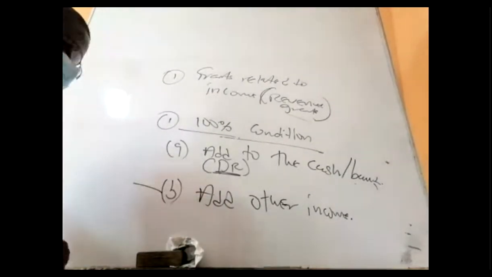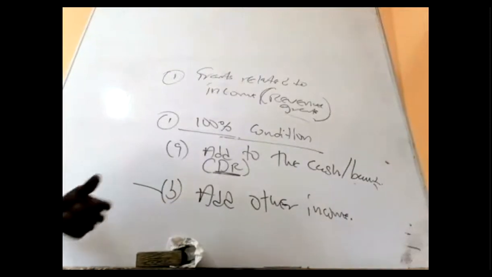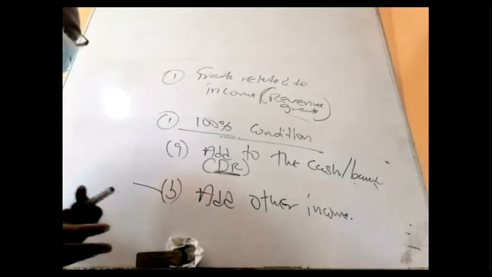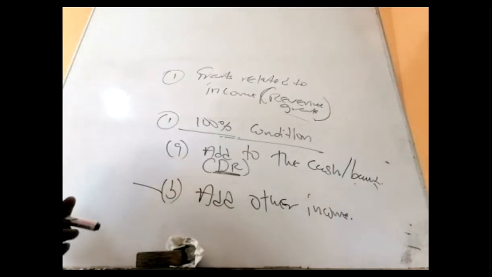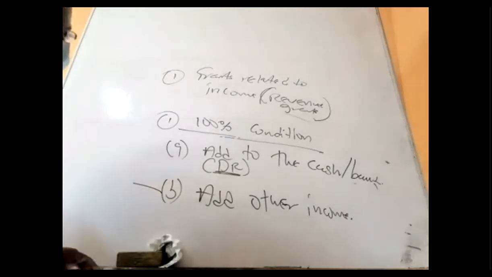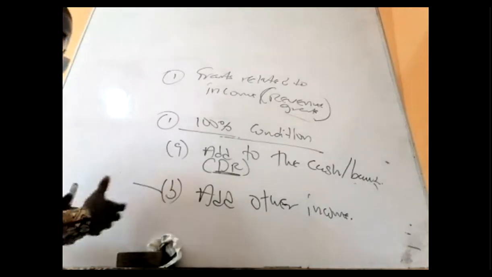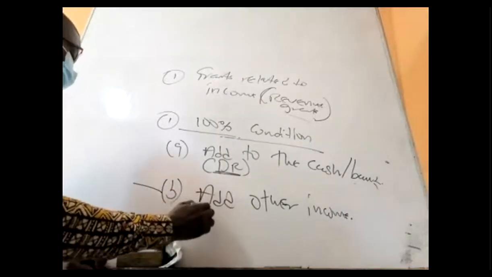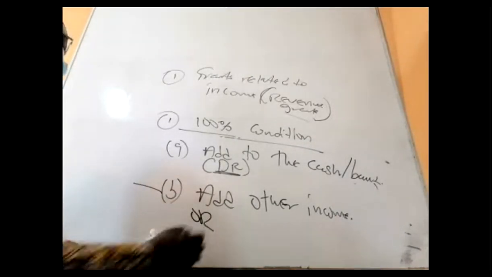This one is the second one, meaning that we are taking credit of the grant, or you can also net it off from the related expense. So add it to other income, or you net it off. This is the second treatment.